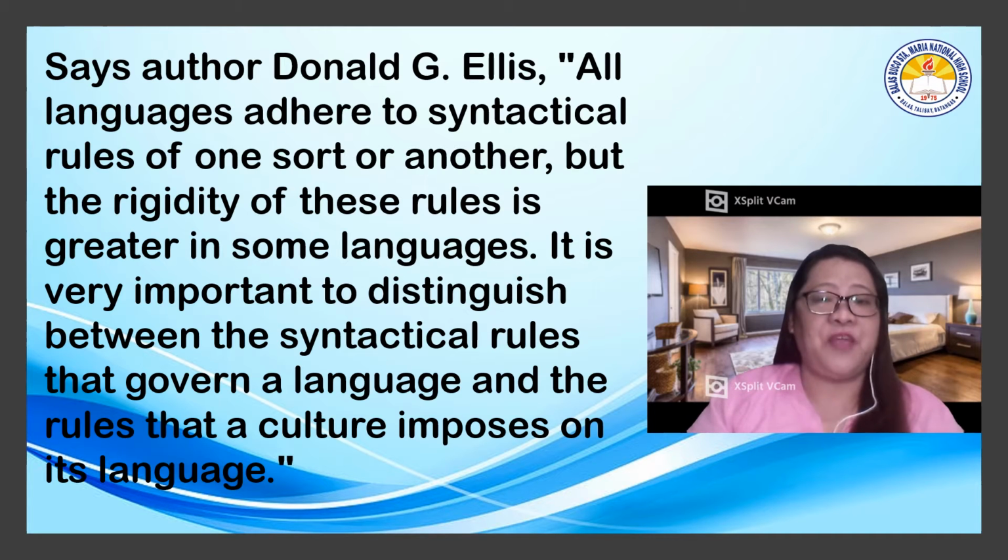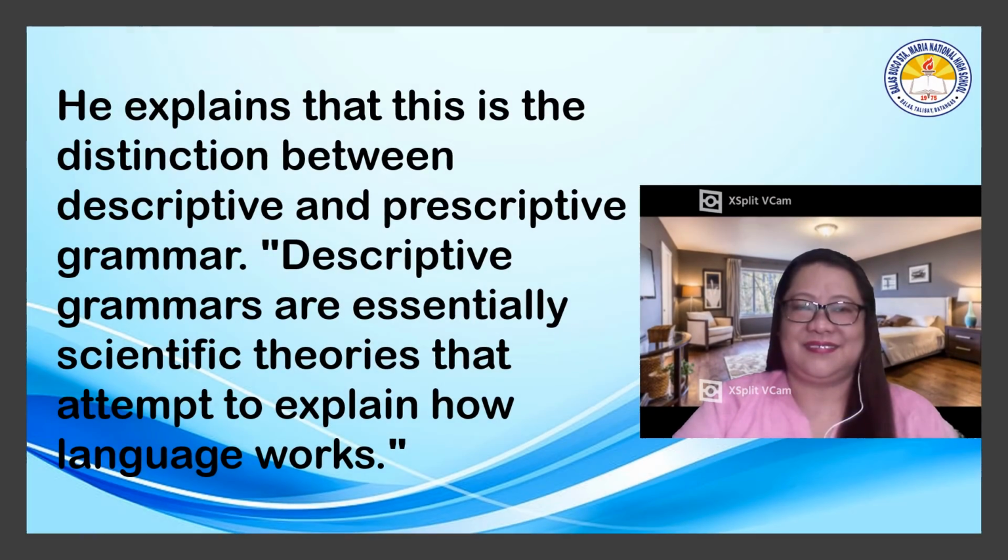It is very important to distinguish between the syntactical rules that govern a language and the rules that a culture imposes on its language. He explains that this is the distinction between descriptive and prescriptive grammar.